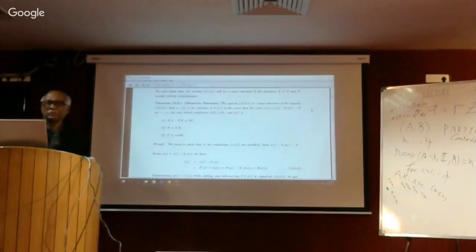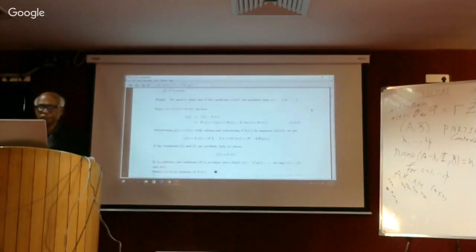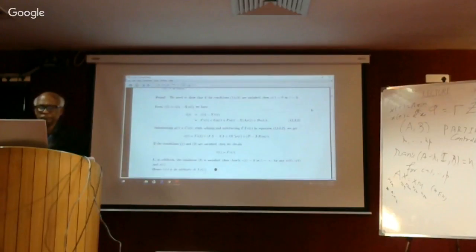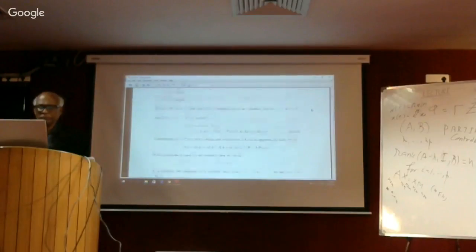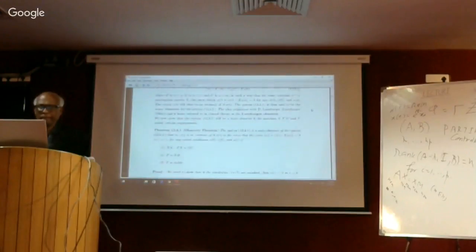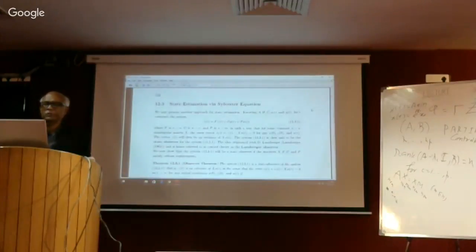So you solve this equation, and from there you construct the matrix P, which is X times P, and then we can show the following. Then remember this differential equation you have to solve.